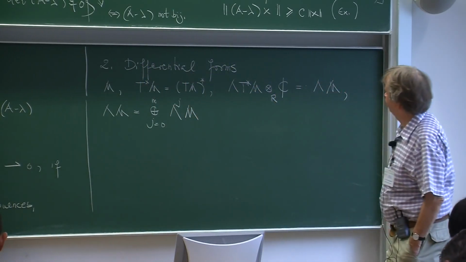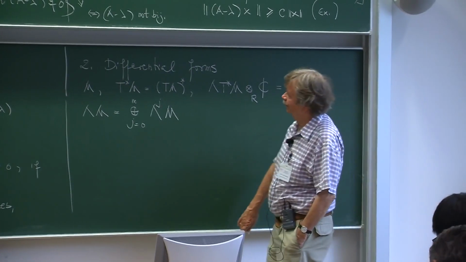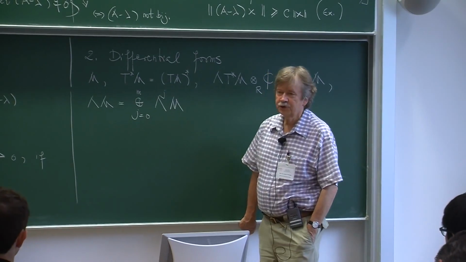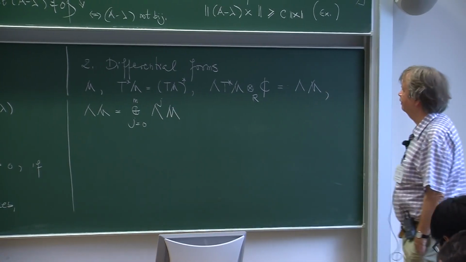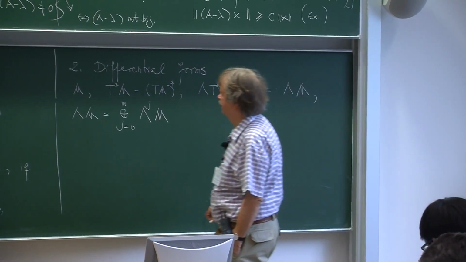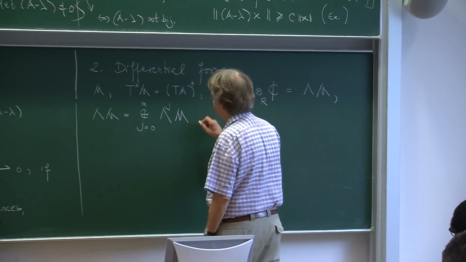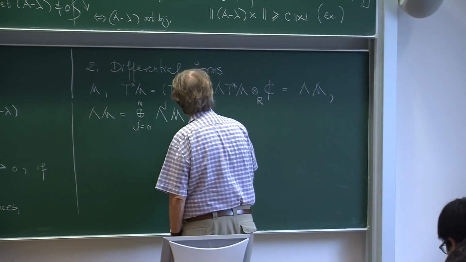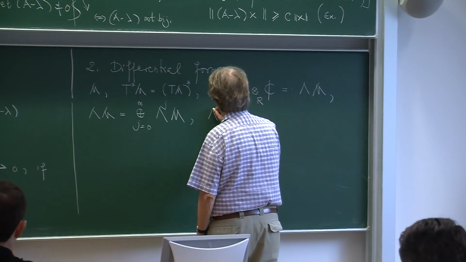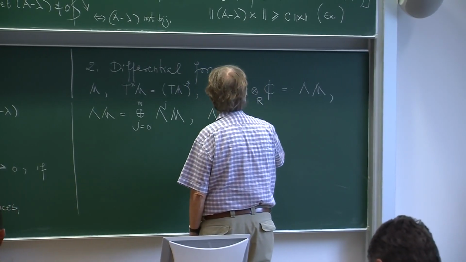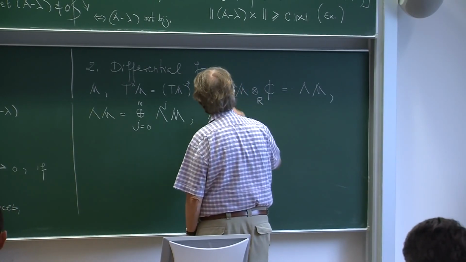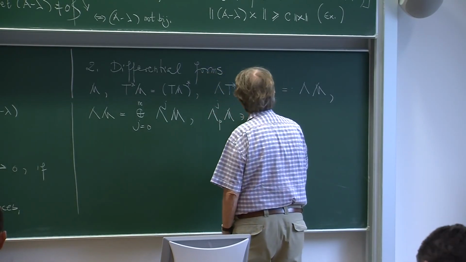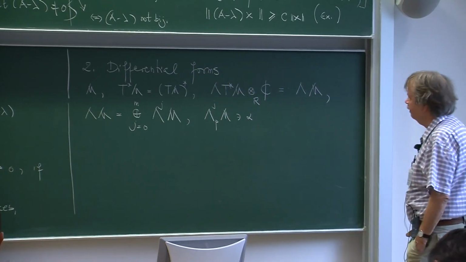And these are the forms of degree j between 0 and m. And we should say what an element is here. So Lambda p of m, j, contains an element alpha.